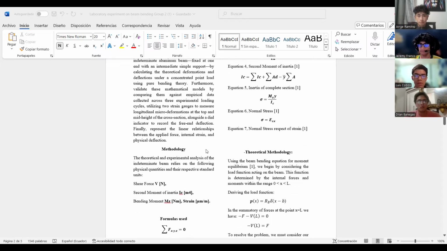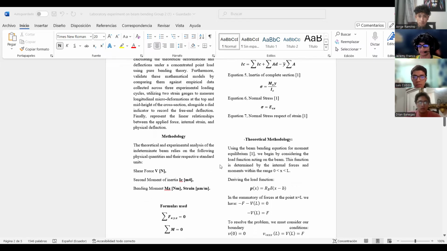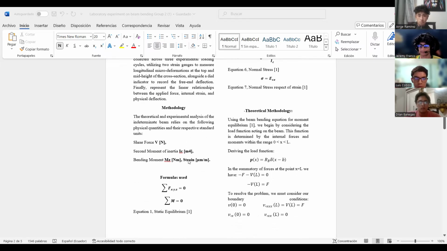Now I'm going to talk about the methodology. For the theoretical and experimental analysis of this beam, which is an indeterminate beam, we have to follow these formulas and these rules. Here we have the shear force, the second moment of inertia, and the bending moment with the magnitudes.